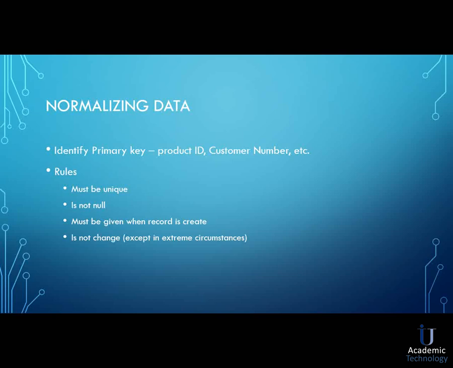So student ID or customer ID, only one customer has that. If you were going to make the student ID a primary key, the only way to create a student would be to assign them a student ID.